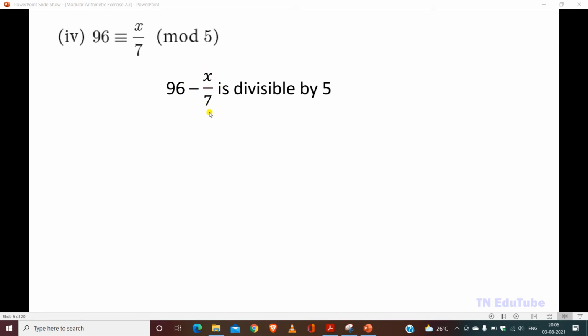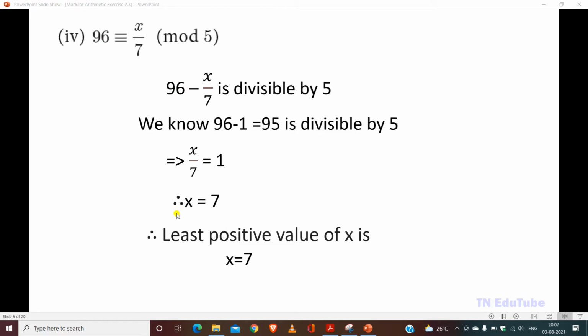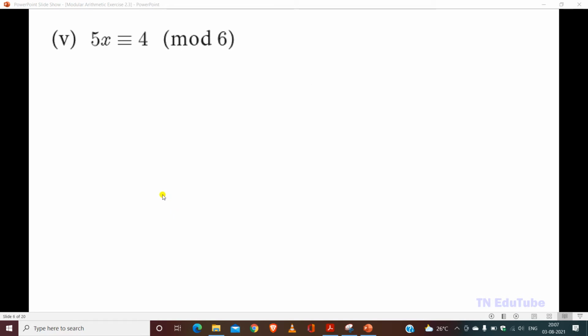So x by 7 is 1. When x by 7 is equal to 1, the value of x is 7. Substituting x equal to 7, 7 by 7 gives 1, so 96 minus 1 gives 95, which is divisible by 5. So the least value satisfying this equation is x equal to 7. That is the answer for this question.